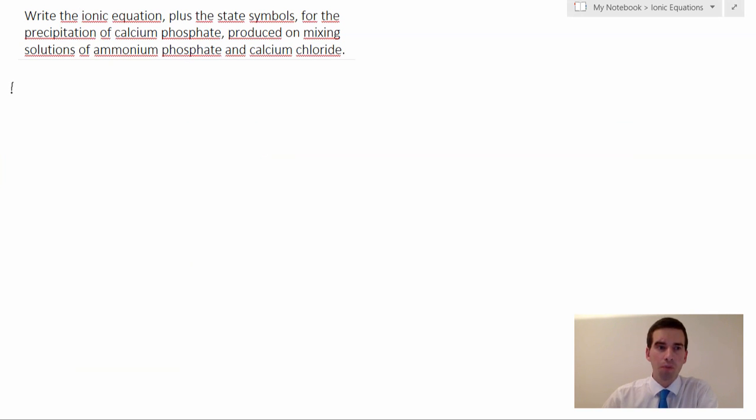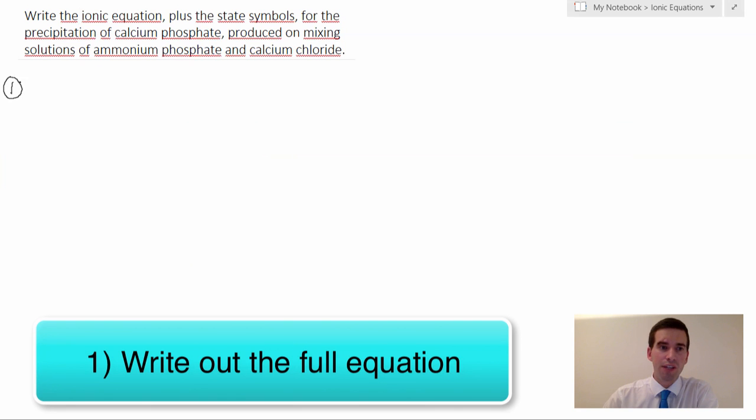So step number 1 is to write out the equation. If you're unsure about how I got any of these formula for the ionic compounds, look at the previous section and look at the previous slides which tell you the ions.